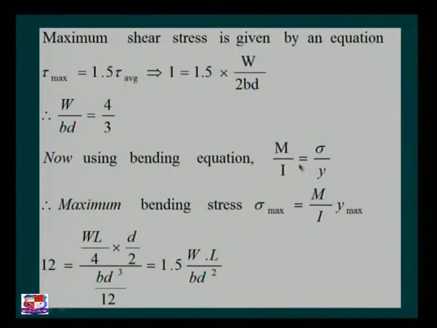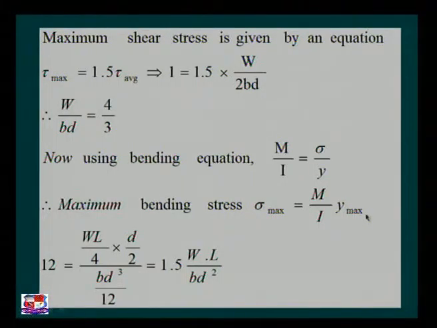I is the moment of inertia. F or sigma is the bending stress. Y is the distance from neutral axis. So maximum bending stress, sigma maximum, is equal to M over I into Y max.